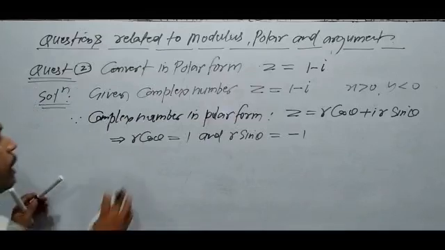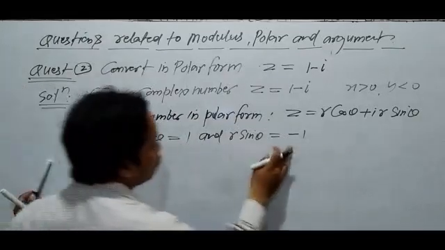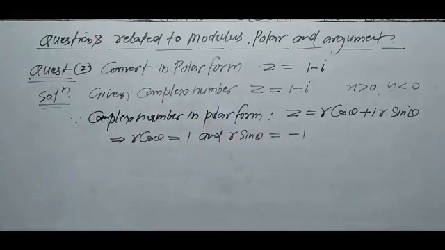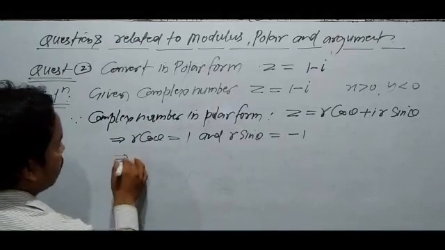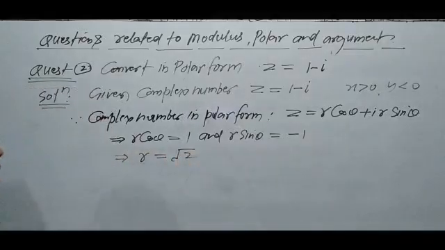Now squaring and adding, r square is equal to 1 square plus 1 square, which is 2, so r is root 2.